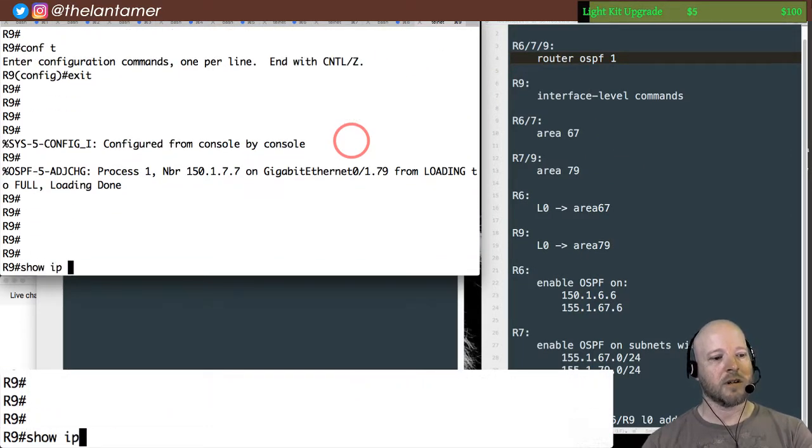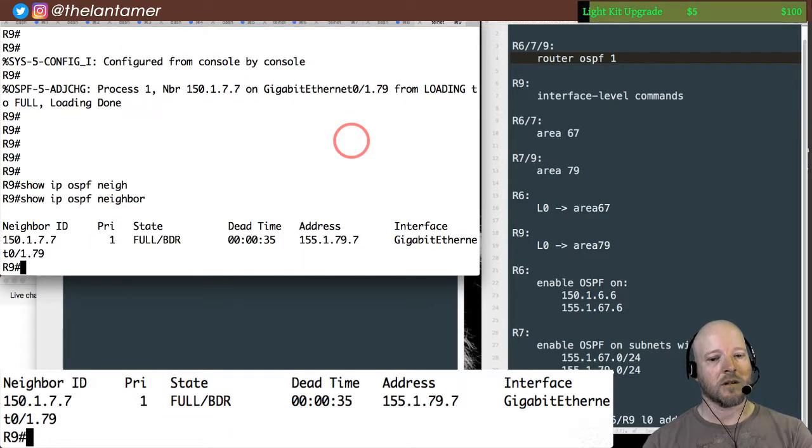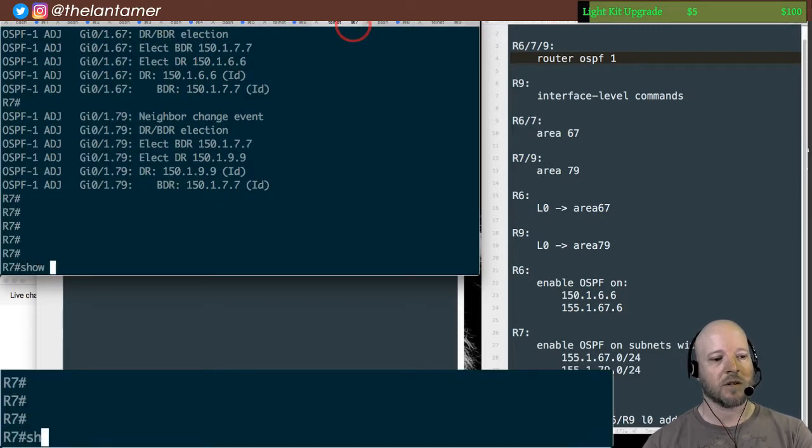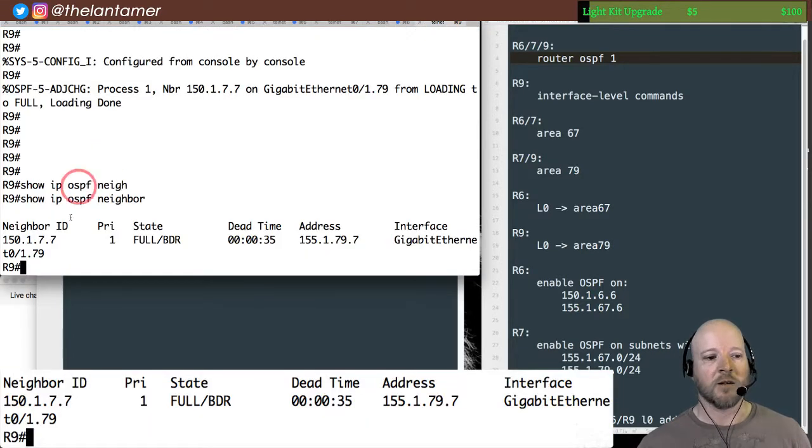Show IP OSPF neighbor. 150.1.7.7. Show IP OSPF neighbor. All right, so even though I changed the loopback address, my router ID stayed 150.1.9.9.